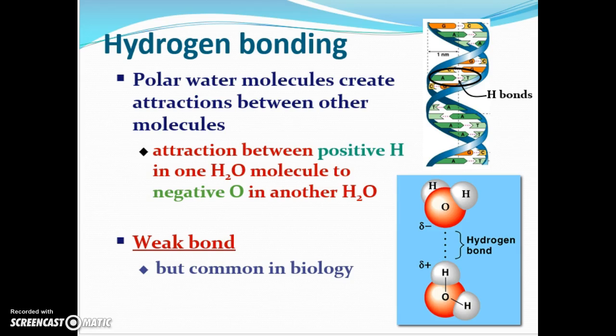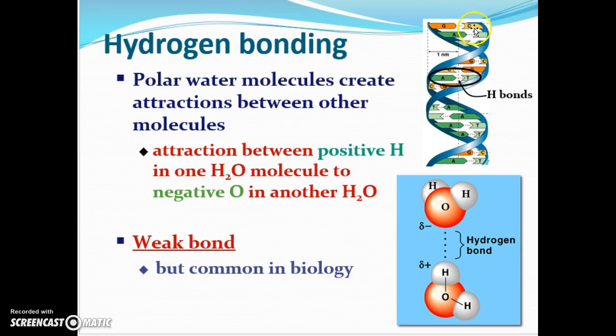So polar water molecules create these attractions between other molecules as well. And this is actually repeating a lot of the same things, so we're just going to move on. But you can see the other thing that's brought up in this slide is that hydrogen bonding is also what holds DNA molecules and RNA molecules.